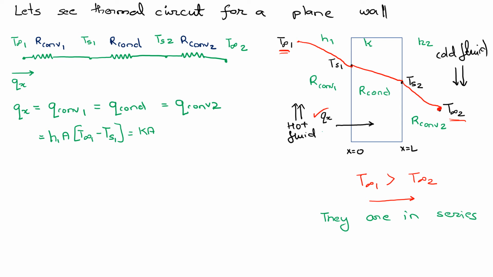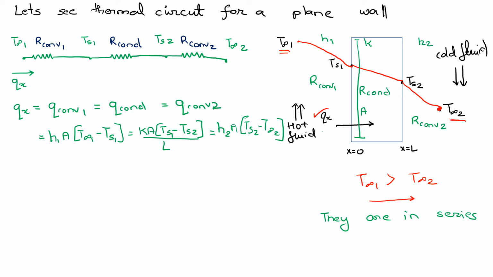So KA, now A is the area of the surface, so this area right here is A. It will be Ts1 minus Ts2 by L. This is the approximate formula of Fourier's law. And on the other surface it will be H2A into Ts2 minus T infinity 2. Okay, so we have this.